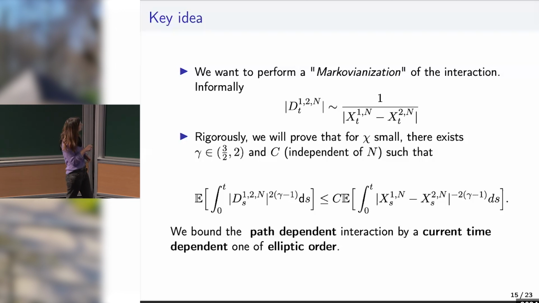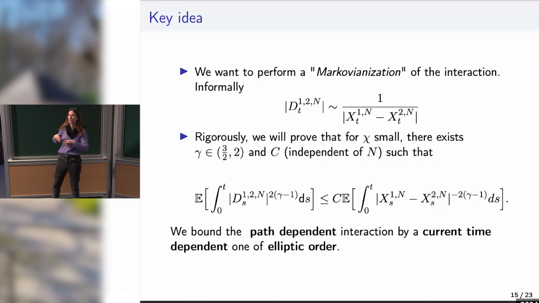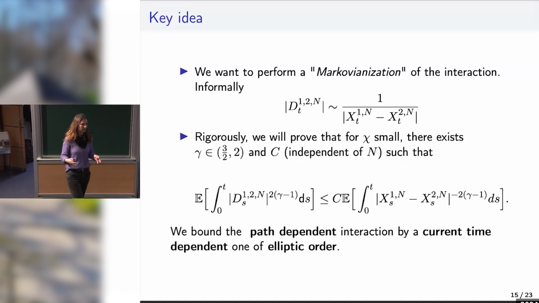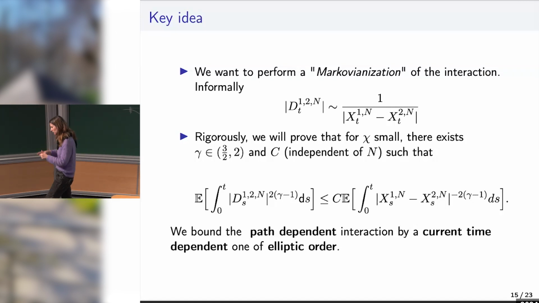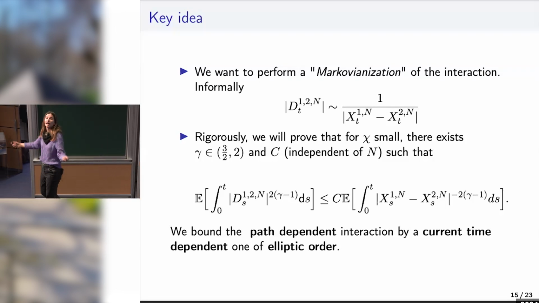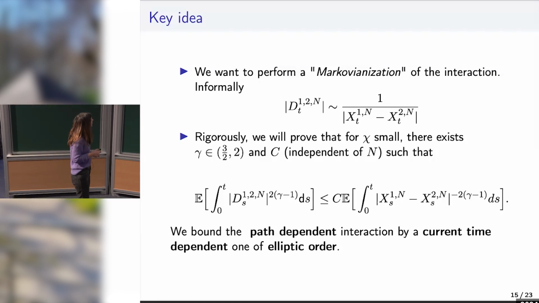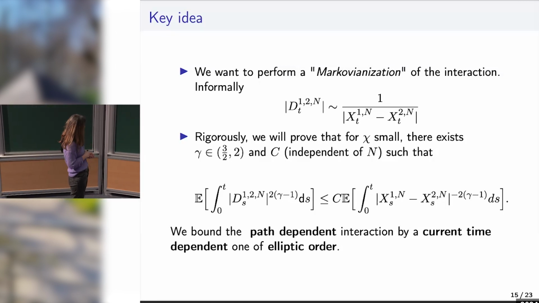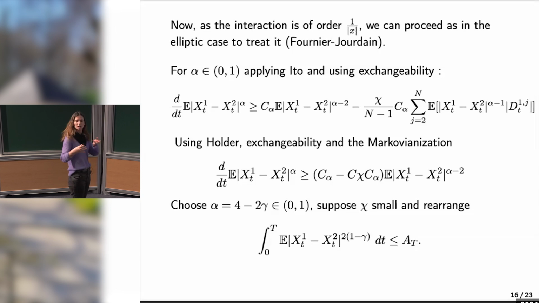If you know how to control the interaction a priori like this, then you would win afterwards, because you would be in the elliptic case, in which you already have techniques available. So what we are rigorously able to prove is this. And once you have this, this is just to convince you that things can then go smoothly.